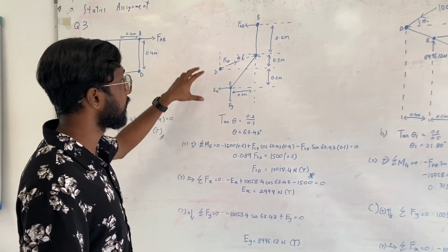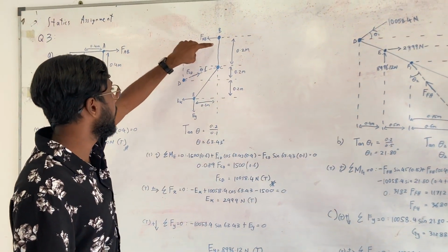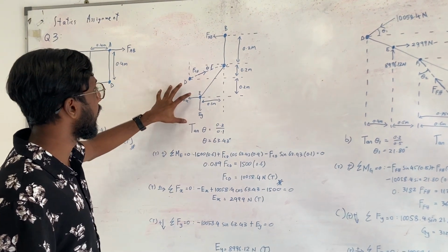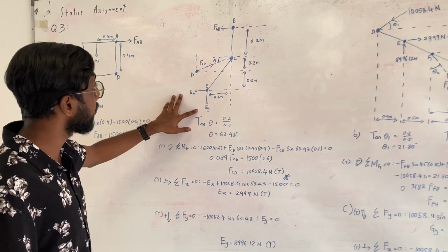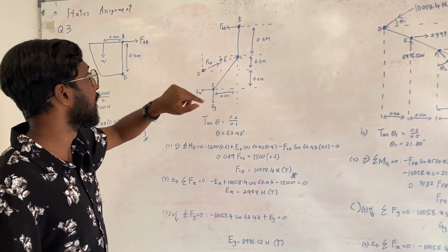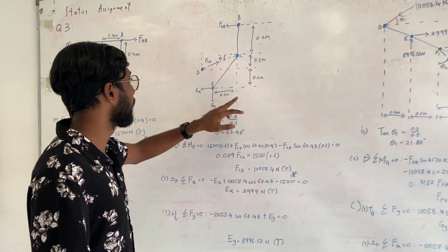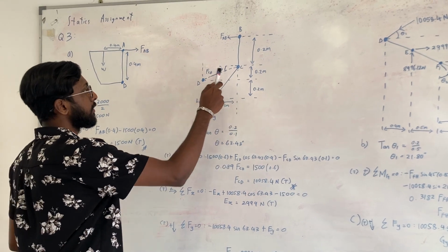Moving on, this is our second free body diagram. We have points B, C, D, and E. E has its components in the Ex and Ey axes. FAB, there's an angle for FCD, and these are the distances between them. So first off, find theta.